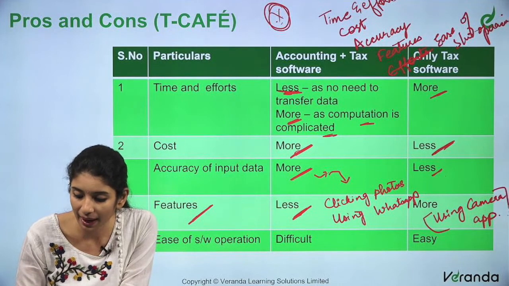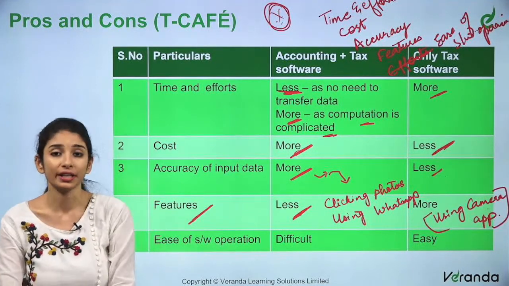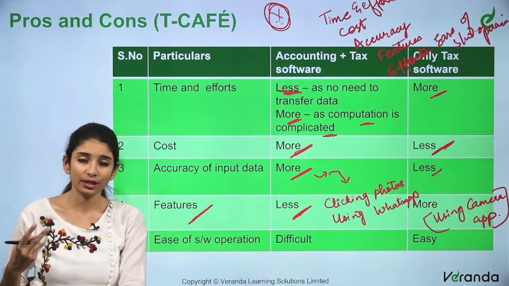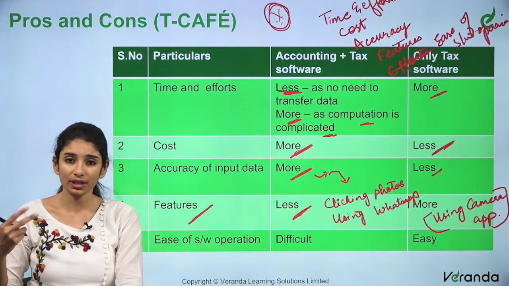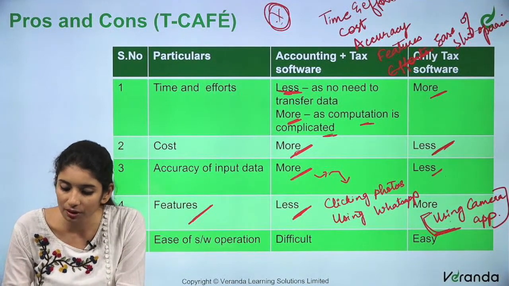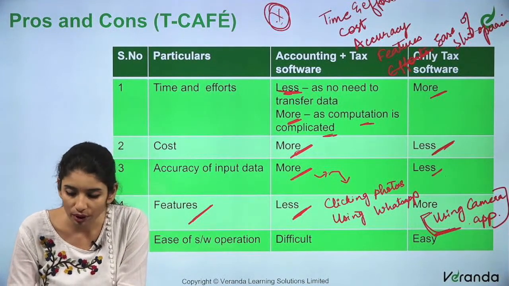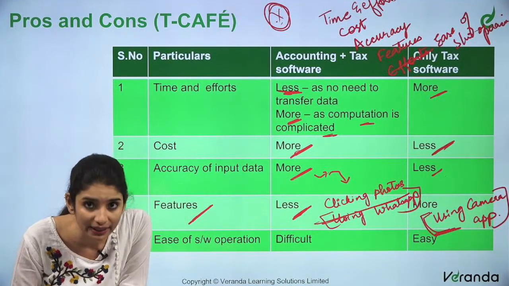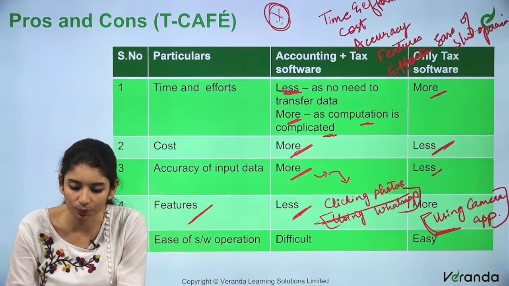Obviously when you use the camera app, because it is a specialized app for clicking pictures, so the features will be more. The editing options or the views that you can take, the videos you can take, slow motion, fast motion, whatever. So using the camera app, the features are going to be more. Using WhatsApp, it's going to be basic features for clicking a photo. Please note, for clicking a photo.